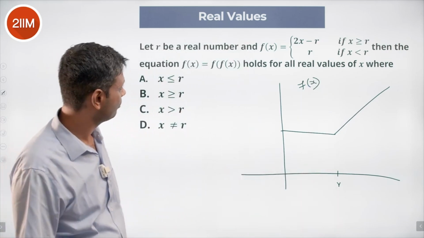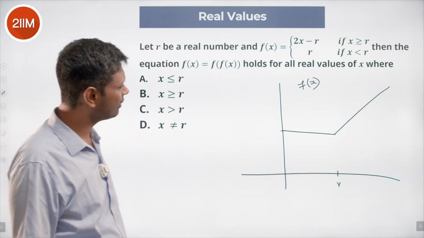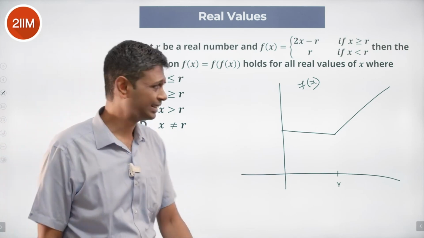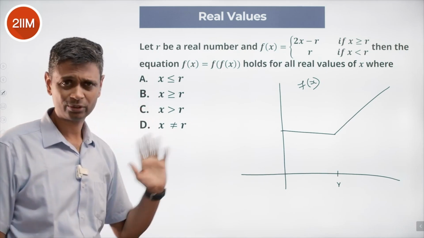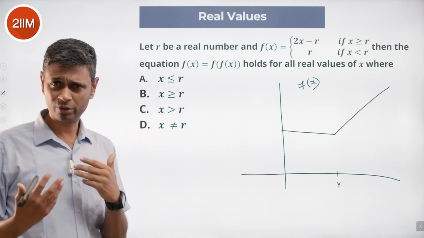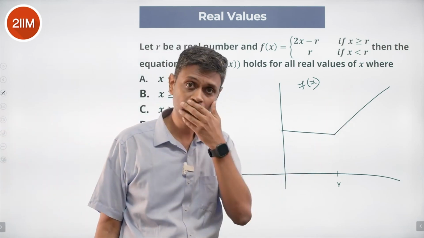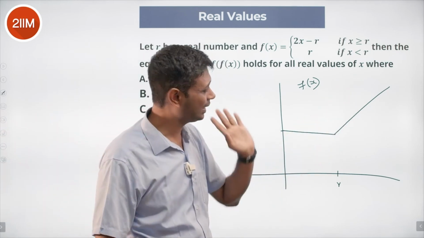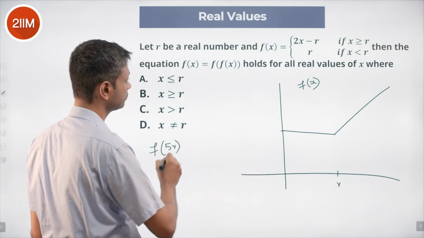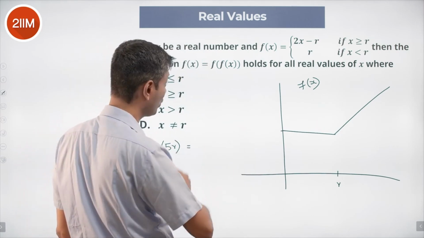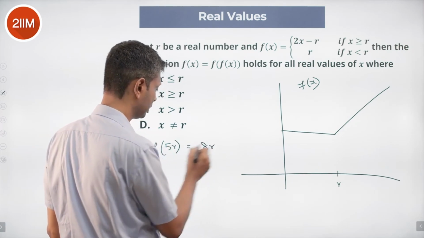Nice. F of x equal to f of x holds good for all real values of x where x is less than or equal to r, x is greater than or equal to r, x is greater than r. So I'm worried about this because whenever f becomes greater than r, I'm in trouble. And so I don't really like this because if I put f of 5r, f of x equal to 2x minus r, 2 into 5r minus r, 10r minus r, 9r.